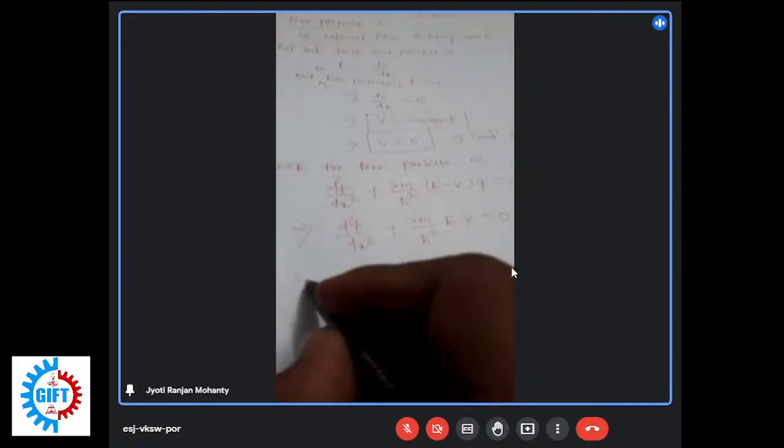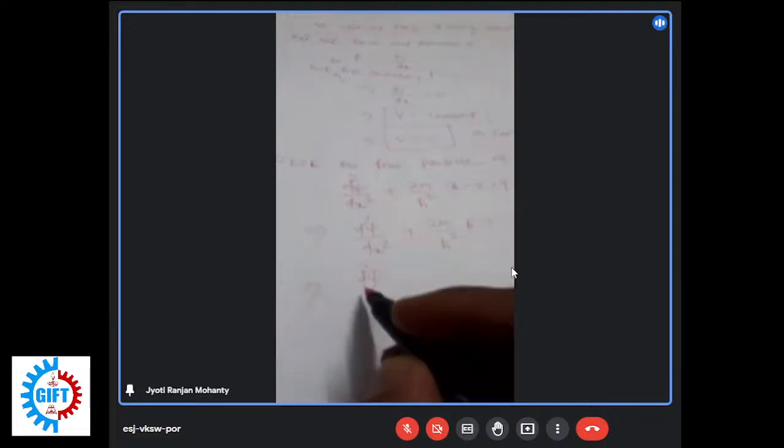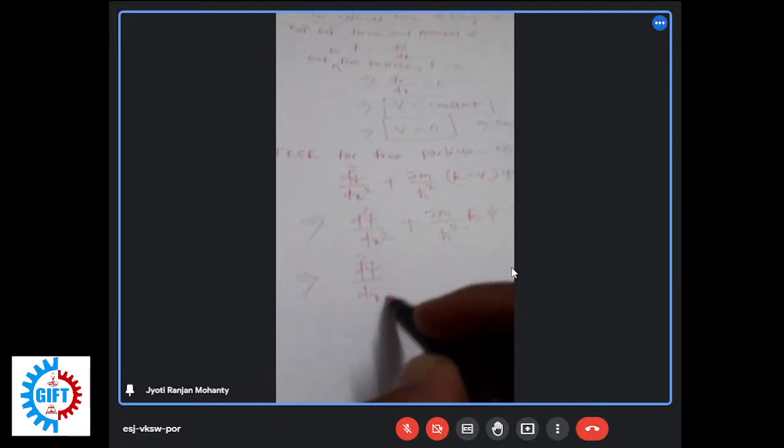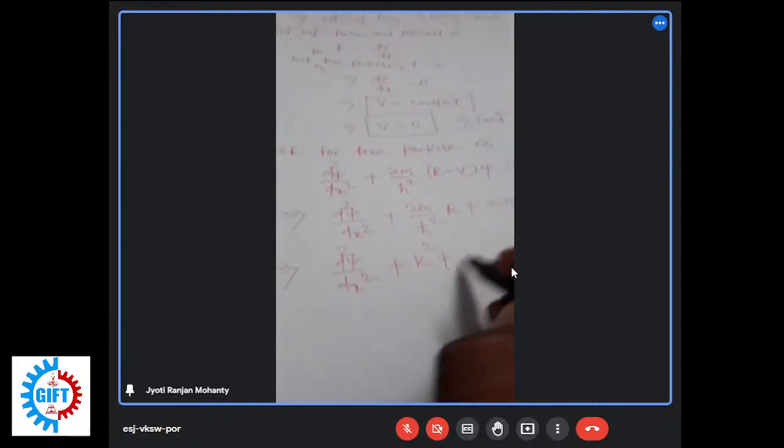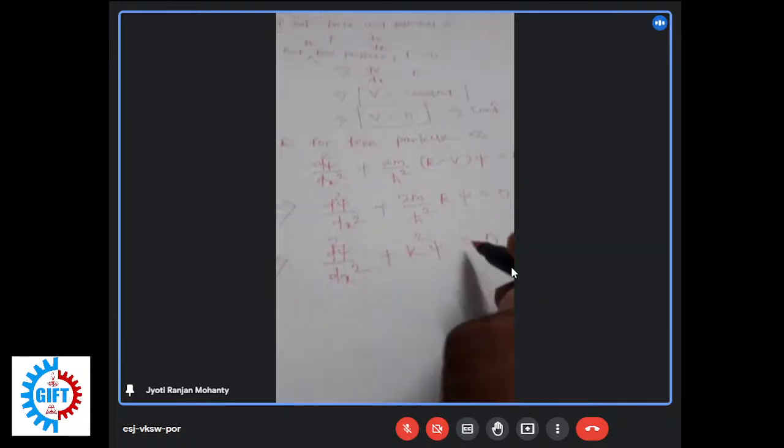So 2 is constant, m is constant, h cross is constant. Let us substitute a new constant, so we get d square psi by dx square plus k square psi is equal to 0.